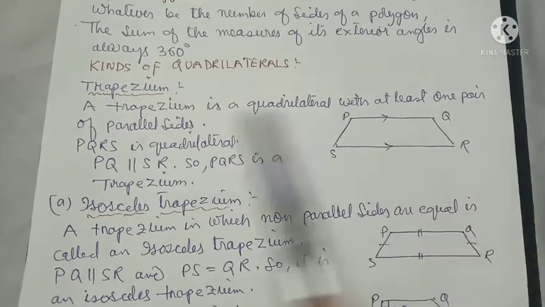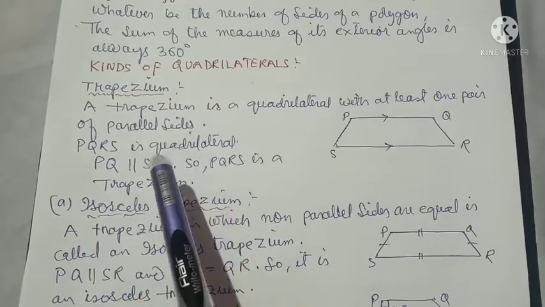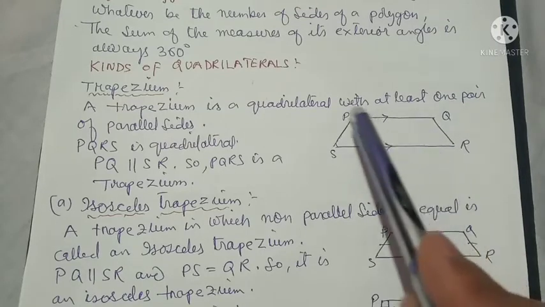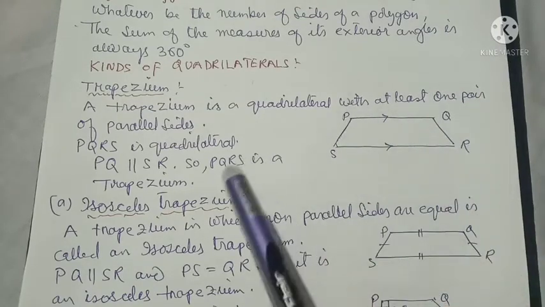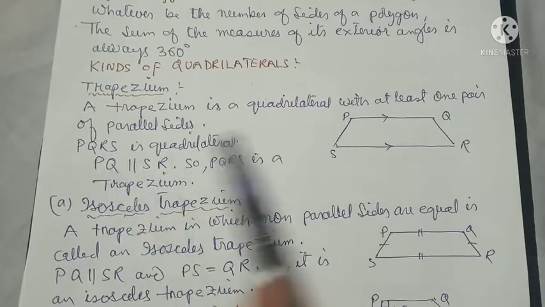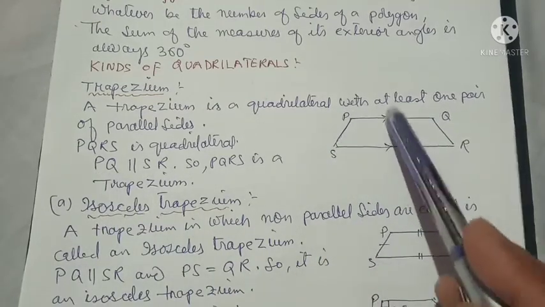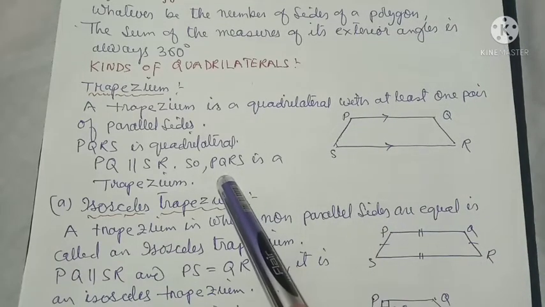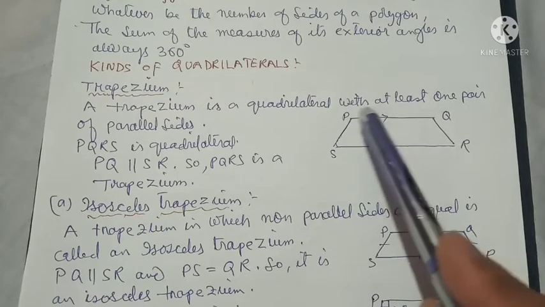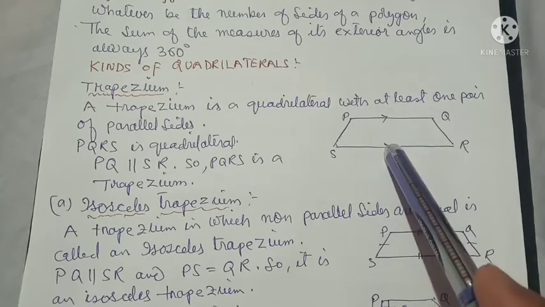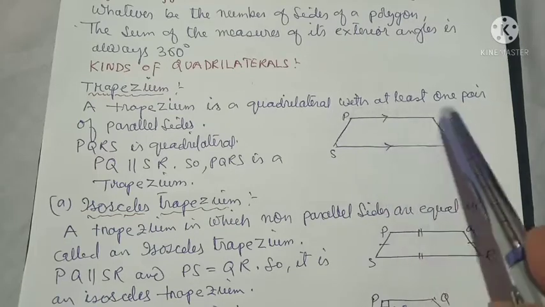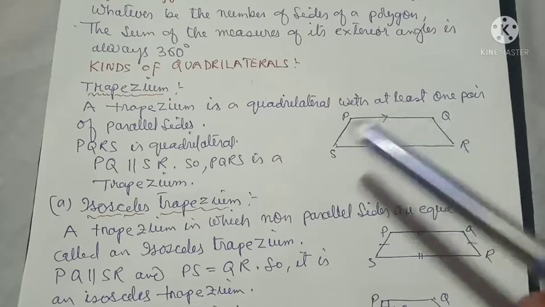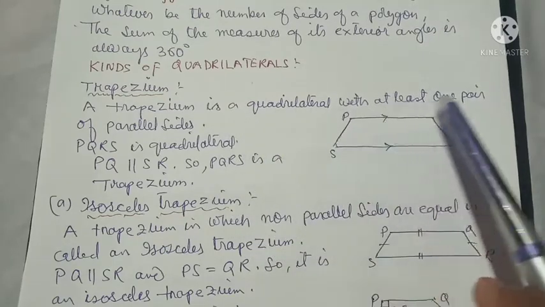You see these two sides. So PQRS is a quadrilateral, and it will be a trapezium when PQ is parallel to SR. At that time we have to say that PQRS is a trapezium, because one pair of parallel sides is there, that is PQ and SR. These are parallel to each other, so a trapezium has at least one pair of parallel sides.